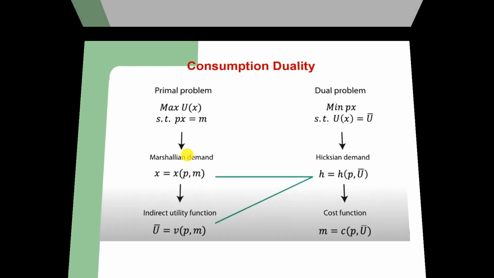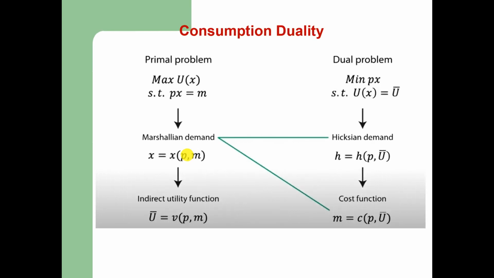For that, we need to go to another slide, and it says yes, of course. If we substitute the cost function into the Marshallian demand function, that is, if we substitute the value of m from this equation into the Marshallian demand function, then we get the Hicksian demand function.